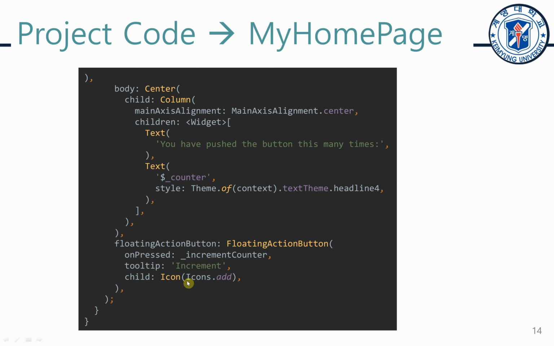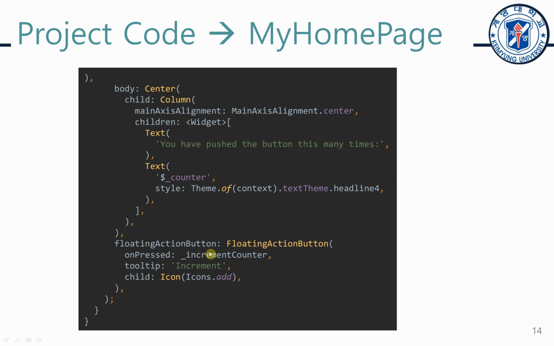At this position we'll put a floating action button, and this floating action button has three properties. When you hover a mouse around it, it will say increment, and its icon is the add button, and when you press that button, it calls the increment counter method.